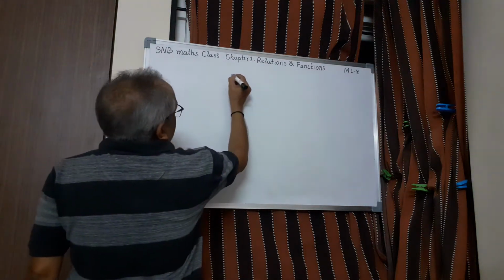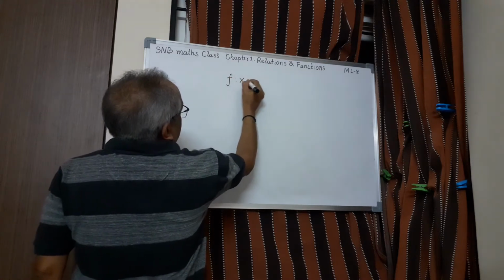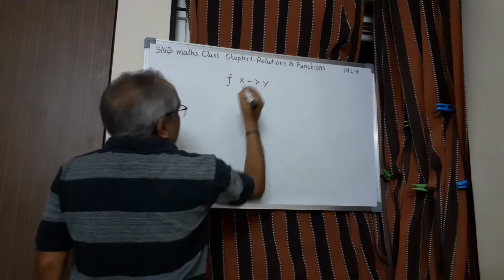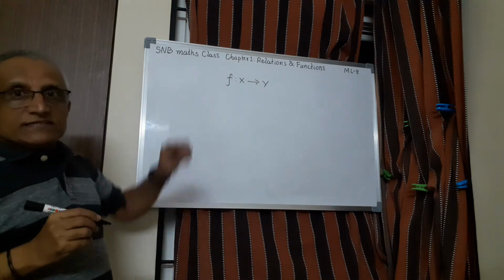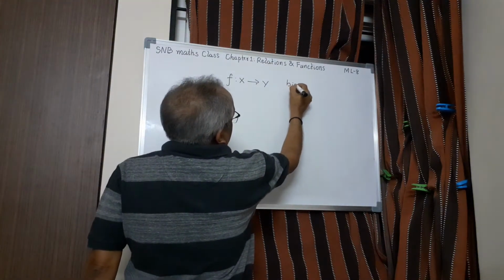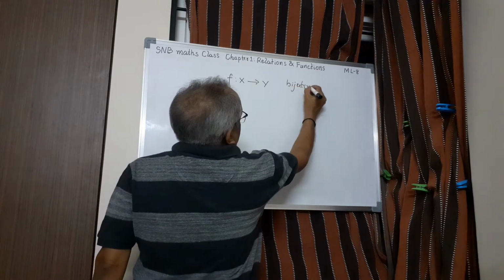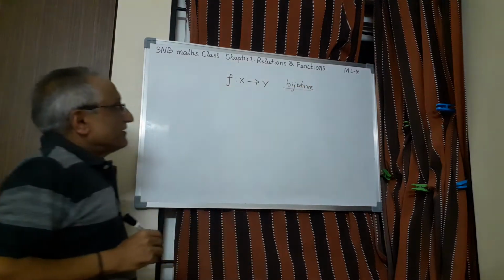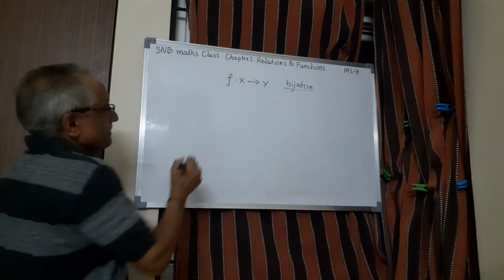If f is a function from X to Y, then this function f is invertible if this is bijective, and we also defined the invertible function like this.